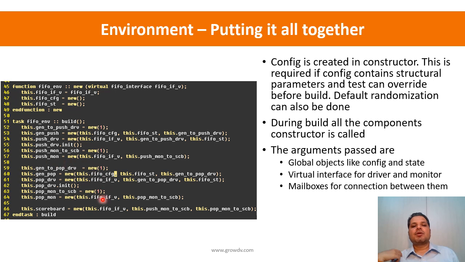I am doing a similar process with the pop, and at the end I'm instancing a scoreboard. I'm passing the push monitor to scoreboard mailbox and pop monitor to scoreboard mailbox. So this way, by using these common variables and the monitor, I am able to connect all these components together, right?